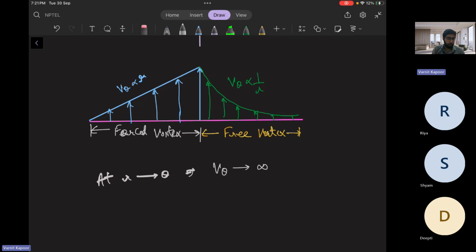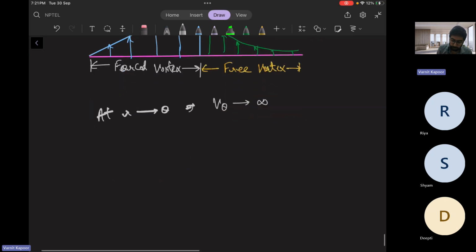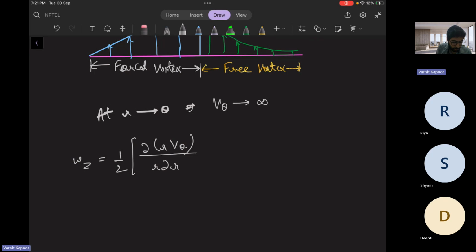So omega z, one can write, is nothing but half of (dou of r v theta by r dou r minus dou of v r by r d theta). So this is 0 because we are assuming that the flow is not spiral, and we say that the flow is irrotational.